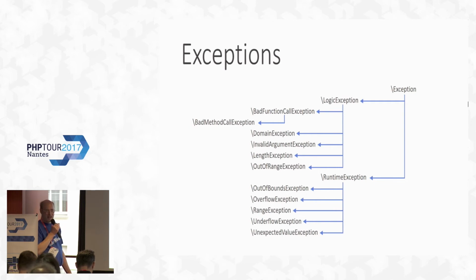So all of them extend exception, but then you get logic exceptions, so you can catch based on logic exception. We'll pick up bad function call exceptions, bad method call exceptions, domain exceptions, etc. So quite nice to use in your code. But they don't provide anything new. All they do is extend exception and have a fancy name.